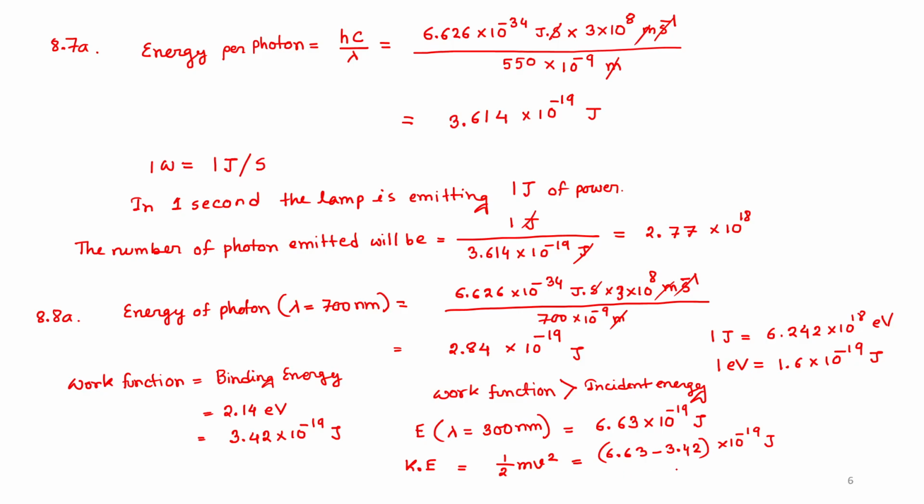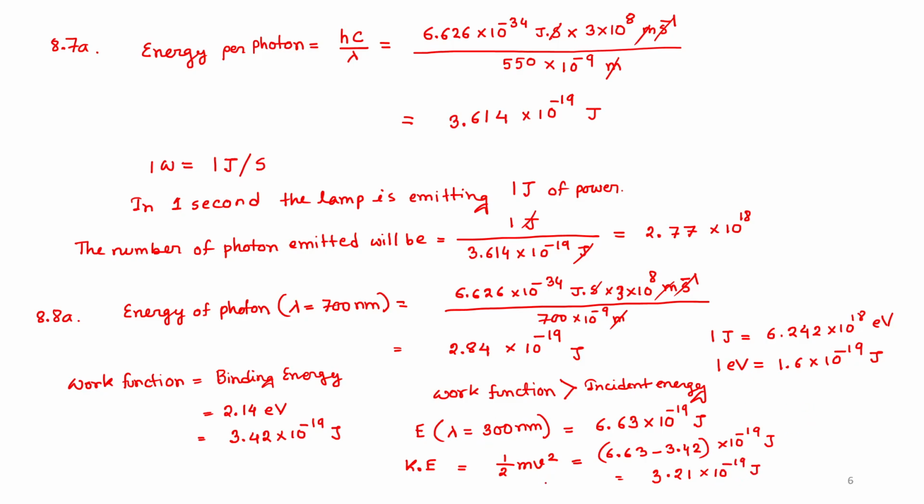So that is actually, I'll do it. 3.78, it's right. So something around 3.21, right? 3.2 into 10 to the power minus 19 joules.